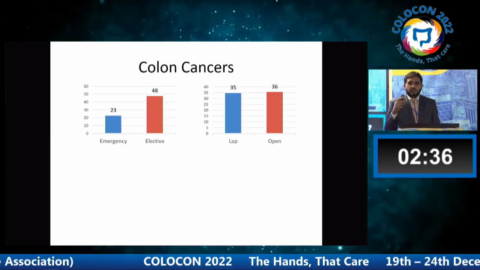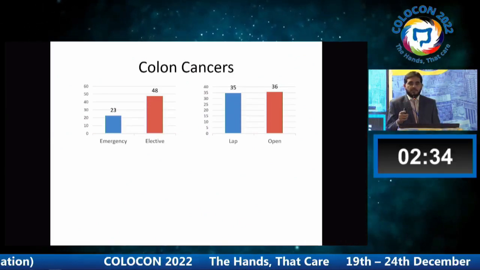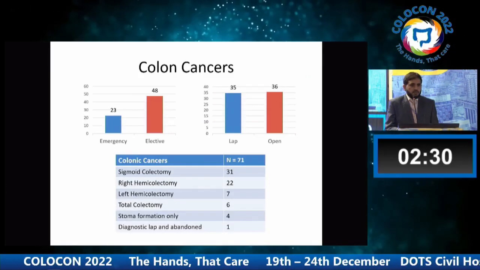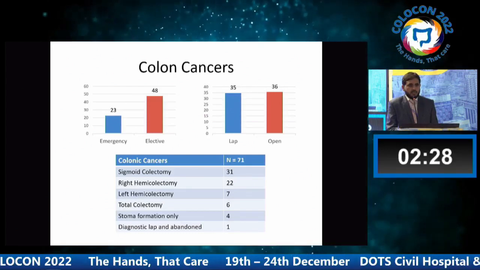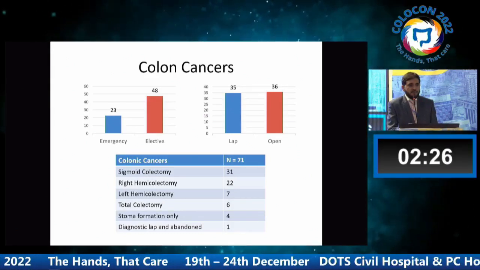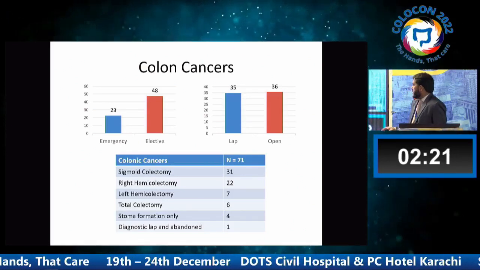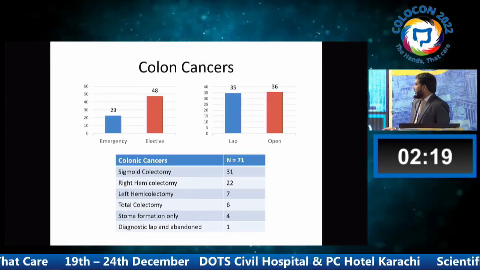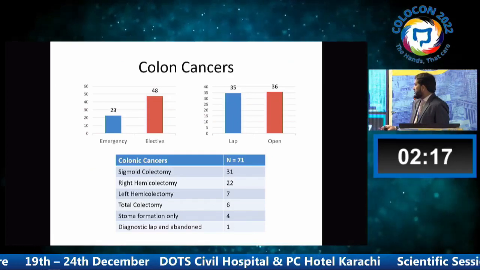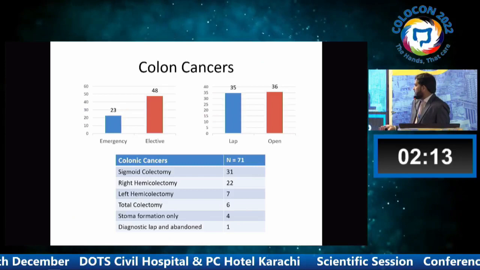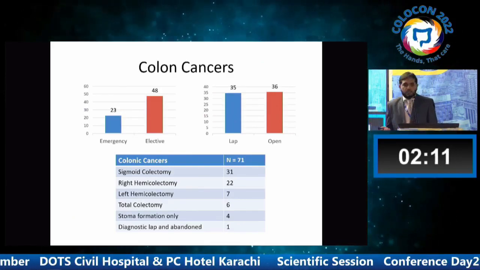This shows the advanced disease and other factors. In laparoscopic, various surgeries we have done are sigmoid colectomies, right hemicolectomy, left hemicolectomy, total colectomy. These are various figures over here. Sigmoid colectomy we have done 31 resections, right hemicolectomy we have done 22 resections.